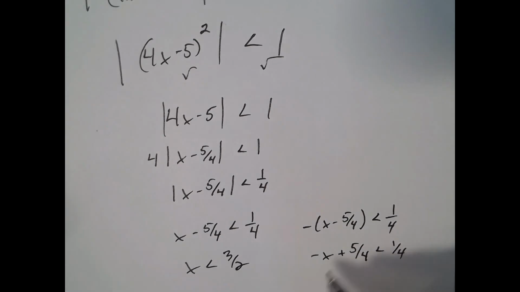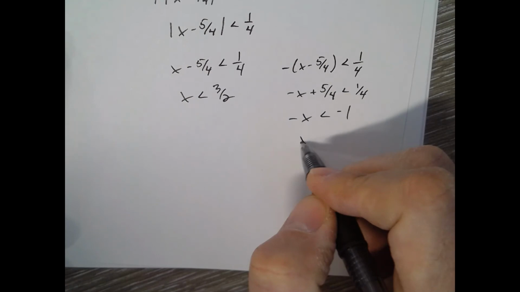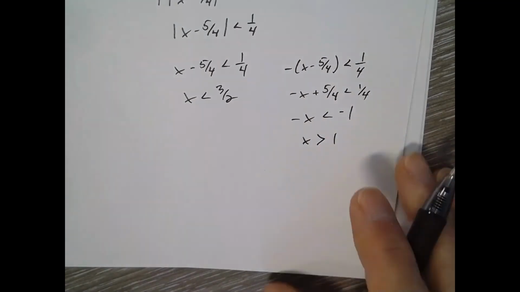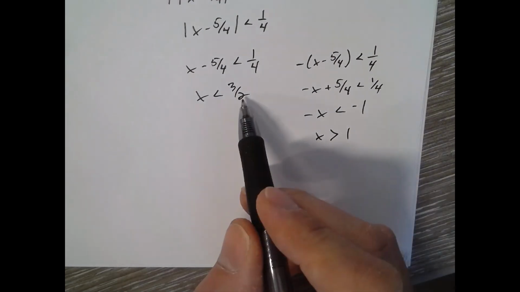Subtract 5/4, so negative x is less than negative 1, and then divide by negative 1, so x, switch the sign, is greater than 1. Alright, so on a number line we have x greater than 1, less than 3 halves.